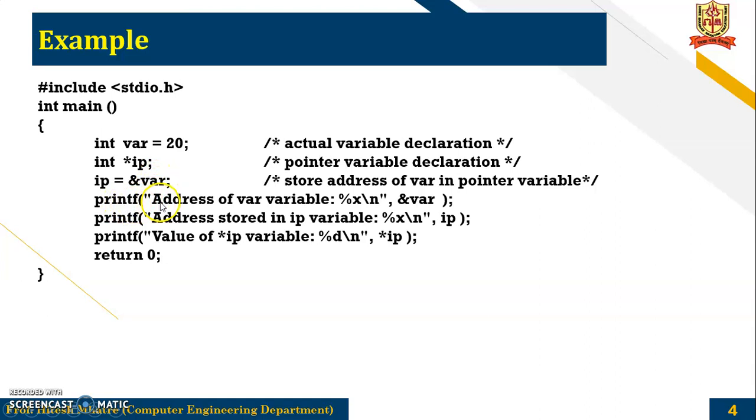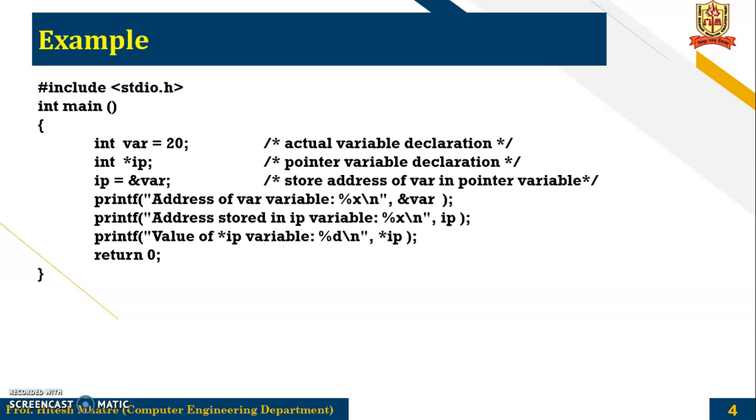So when I want to display the values, the address of var, ampersand var, the address stored in the ip variable, I will just use ip. Then the value of ip will be indicated by star ip. So if I'm using ampersand, then it will display the address. If I'm using a star, it will determine the value.